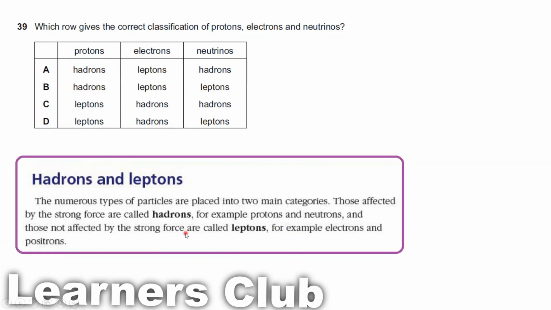And those not affected by the strong force are called leptons. Examples are electrons and positrons. So you can see here, proton is a hadron, electron is a lepton, neutrino is a lepton. So the answer for this question is option B.